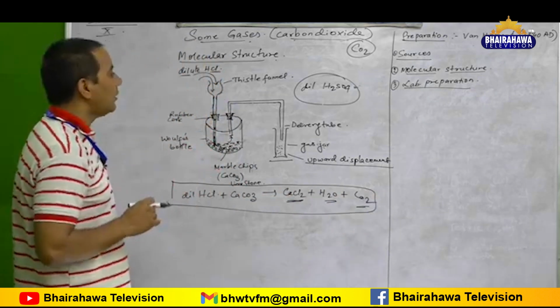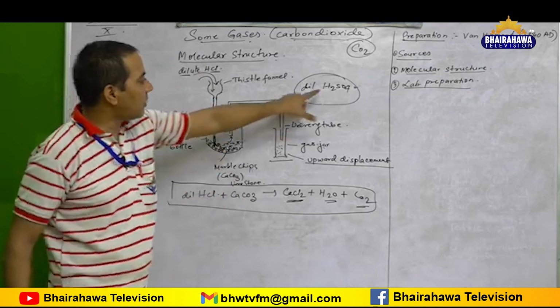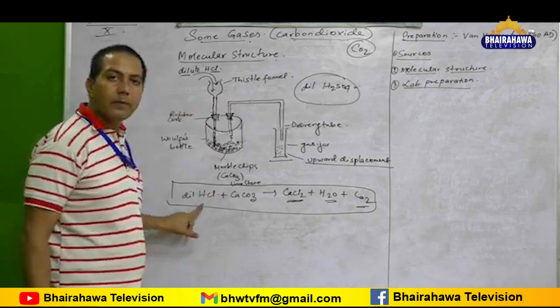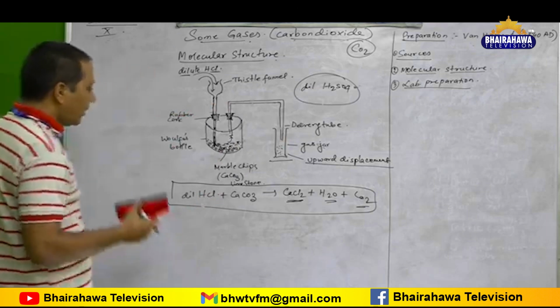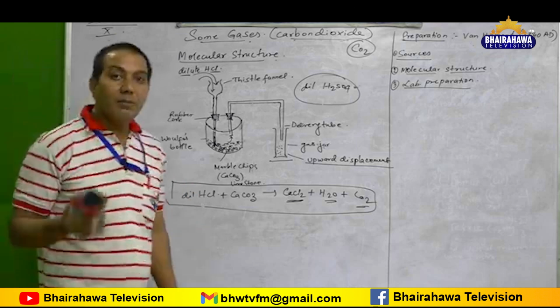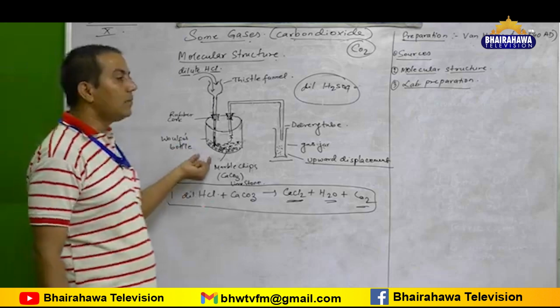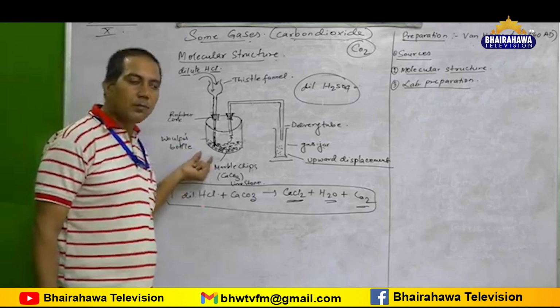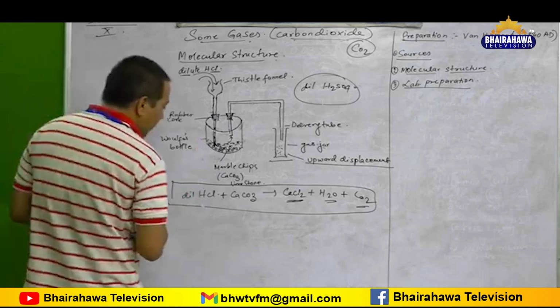Now, I said, can we put sulfuric acid instead of HCl or not? We can put it, but the problem is that the reaction will stop. Why has it stopped? Let us see.